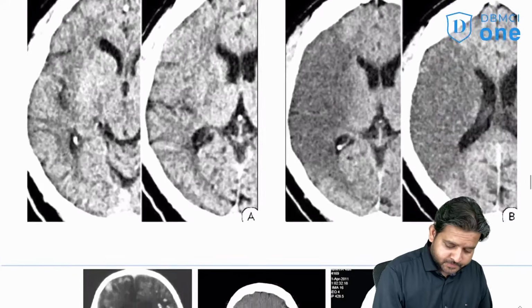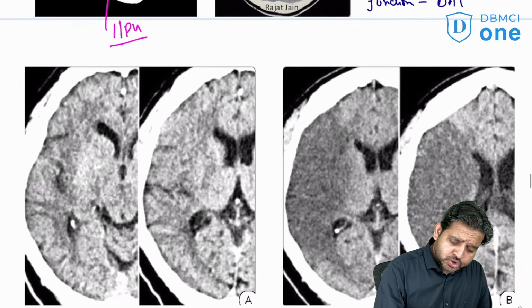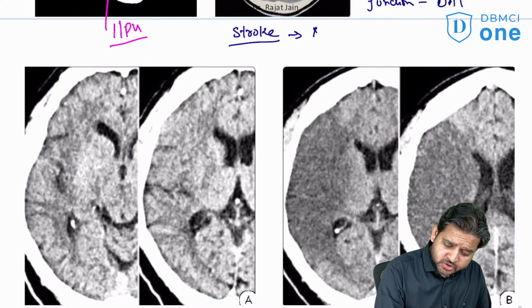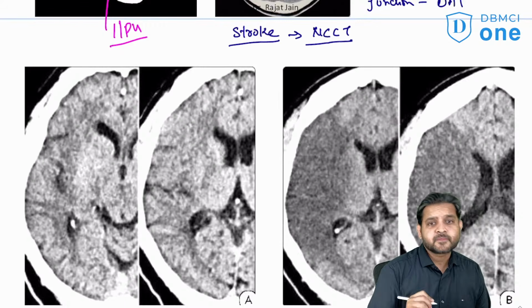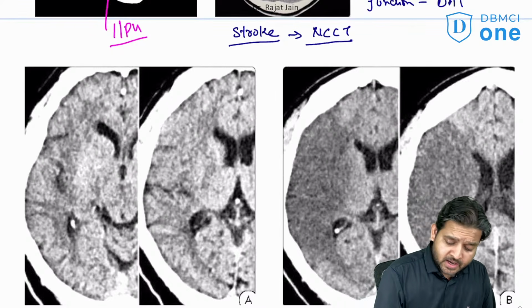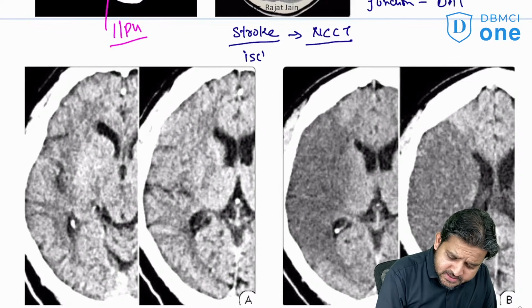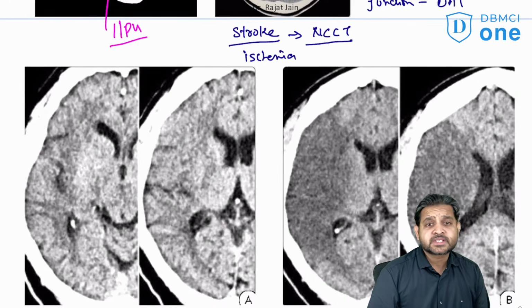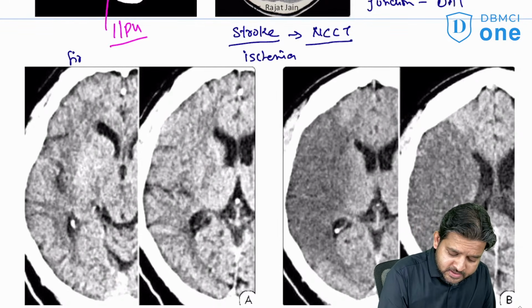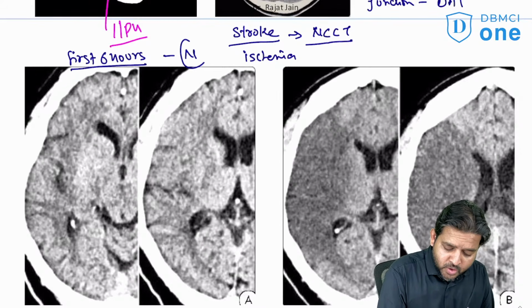Now, what about a stroke? It is to be noted that the first investigation to be done in a stroke is NCCT, right? On NCCT, don't forget, if it is ischemia, in the first 6 hours, it will be normal.